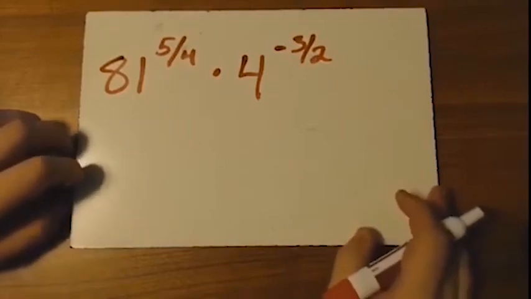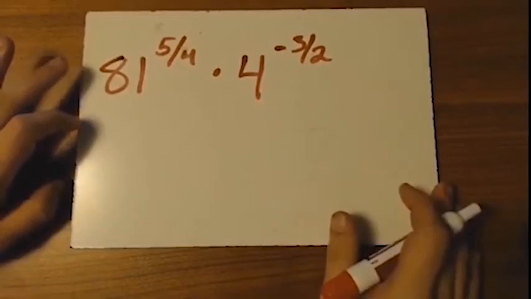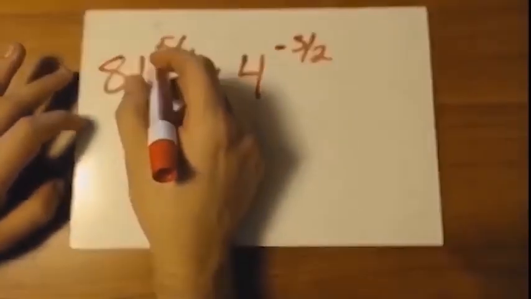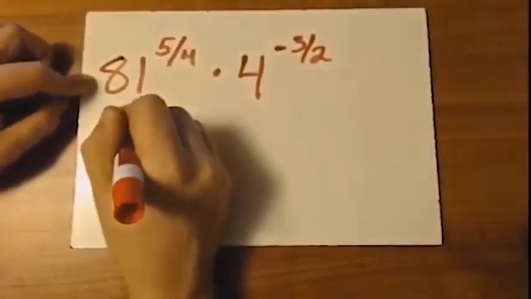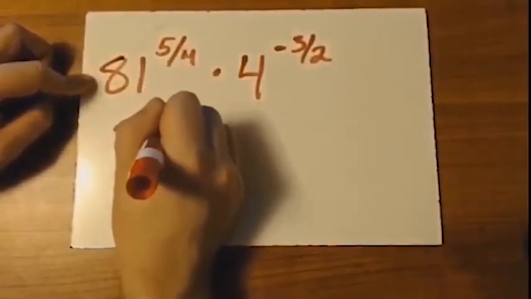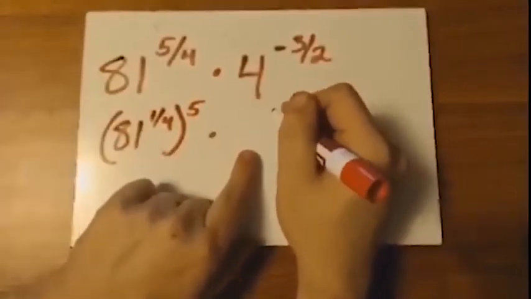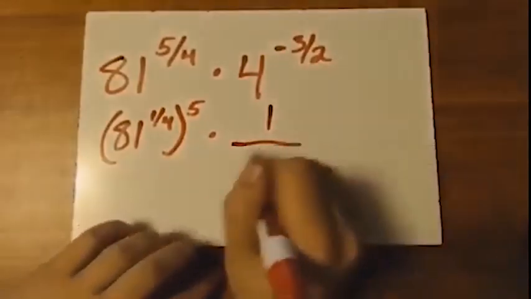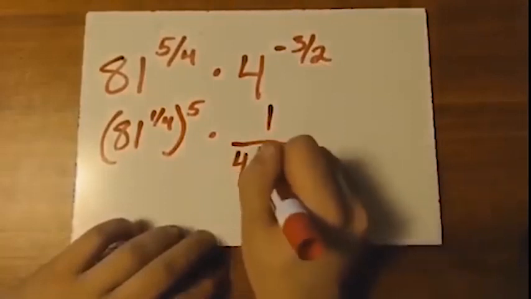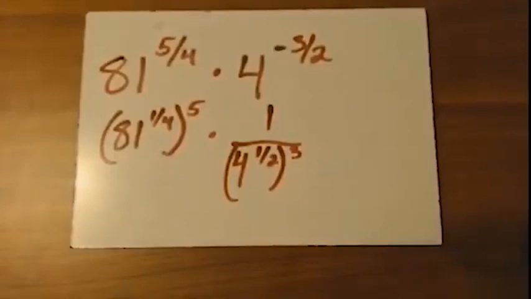Well, you could just evaluate both. We have the 4th root of 81 raised to the 5th, times negative 3/2 power, so 1 over 4 to the 3/2, square root of 4 cubed.